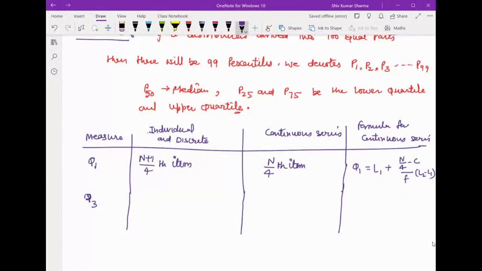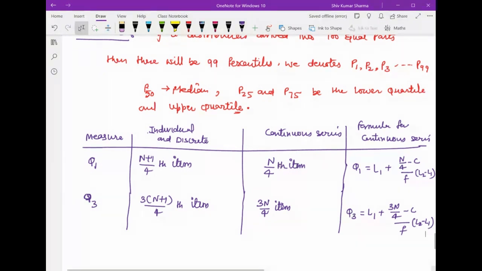For quartile 3, we write 3 into (n plus 1) by 4th item; for a continuous series it is the 3n upon 4th item. We calculate quartile 3 using the formula L1 plus (3n upon 4 minus c) over f into (L2 minus L1). So this is for quartile 3.